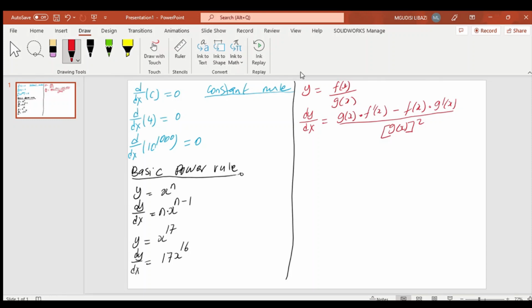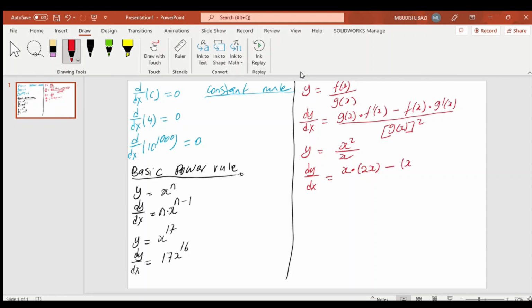Let's take an example. If we are given y is equal to x squared divided by x, how can we derive this according to the quotient rule? According to the quotient rule, dy over dx is equal to, we take the function in the denominator, which is x, and multiply it as it is by the derivative of the function in the numerator, which is 2x, and then we say minus.